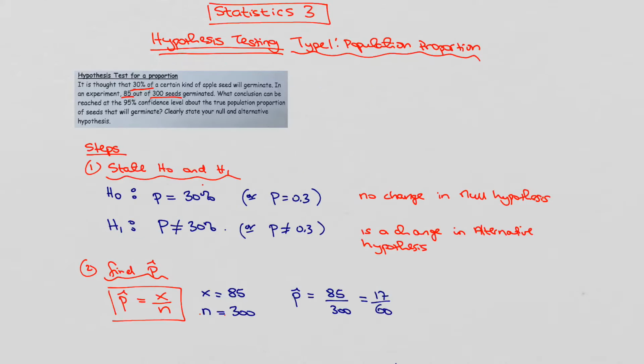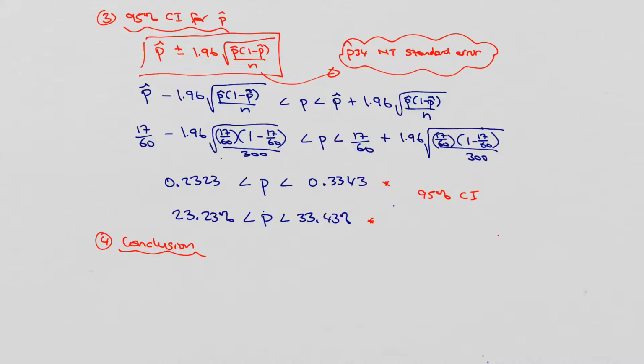Well, let's go back and we look and we say our null hypothesis was that there is no change. In other words, that the population proportion is going to be 30%. And the alternative hypothesis is that there is going to be a change. In other words, that the population proportion is not going to be 30%. So how do we relate that to our 95% confidence interval? Well, we can see that 30% actually lies within the 95% confidence interval.